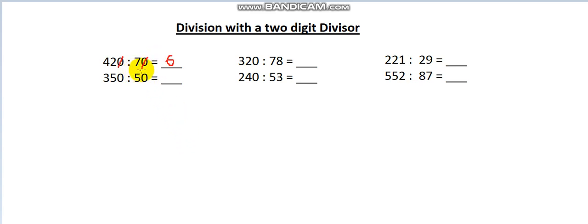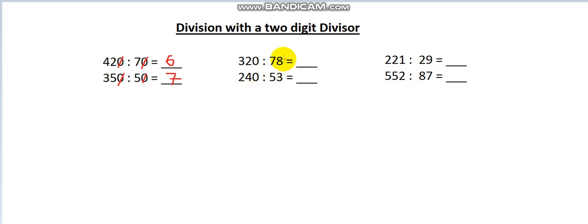And if I wanted to make sure, I could multiply 6 with 70, and I would get 420. Here, I could do the same. 350 divided by 50. I cross out the zeros, and I'm left with 35 divided by 5, which makes 7. And indeed, 7 times 50 makes 350.